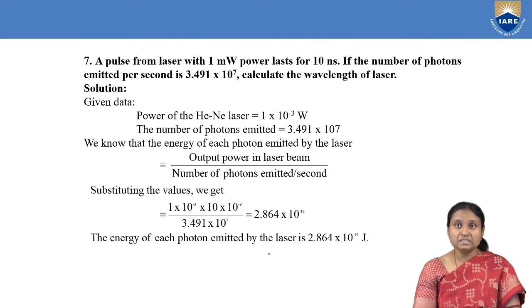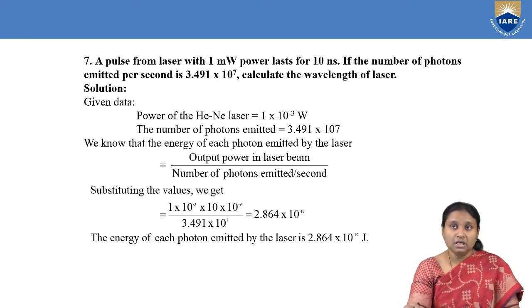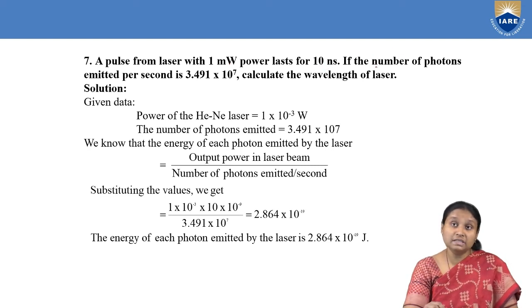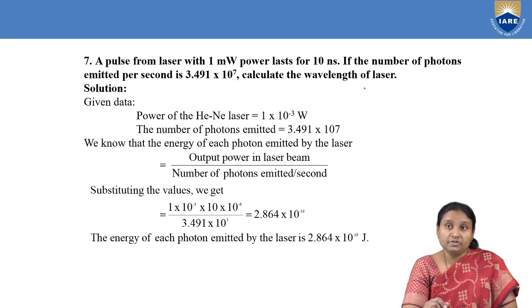Then, next one. Here also, just like the last problem, we were given the power of laser, which is 1 milliwatt. And here time is given, which is 10 nanoseconds. And the number of photons emitted per second is also given, which is 3.491 into 10 power of 7. And we were asked to find the wavelength of laser.